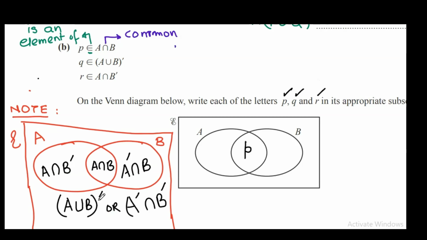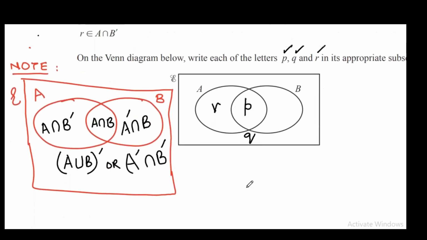This region is A union B complement. So write down Q here. R is an element of A intersection B complement. This region is A intersection B complement. Write down R here. So now we have put all the letters P, Q, and R in the appropriate region here.